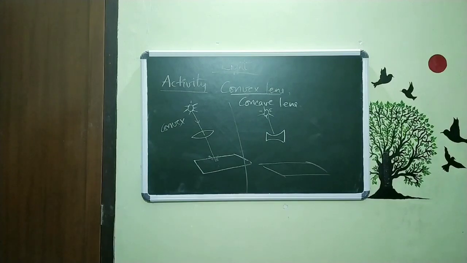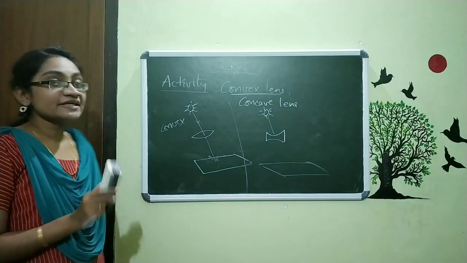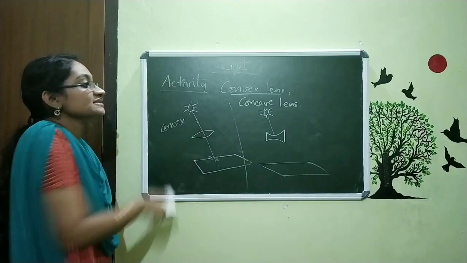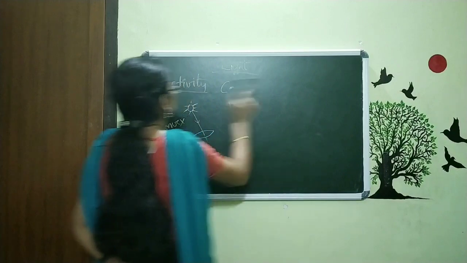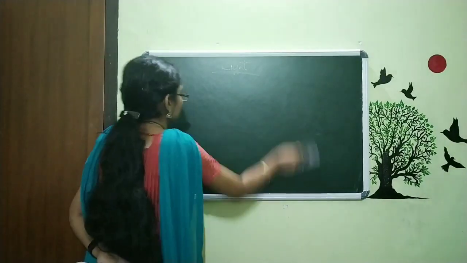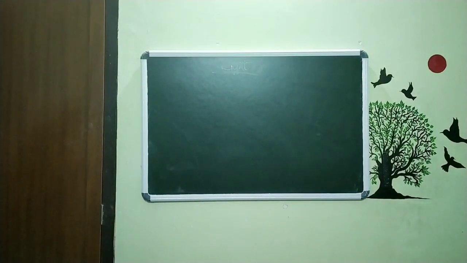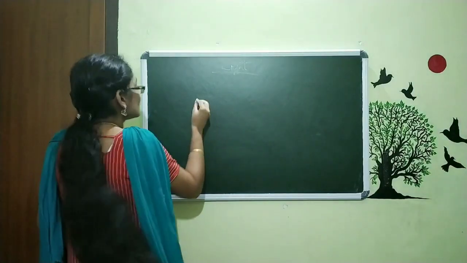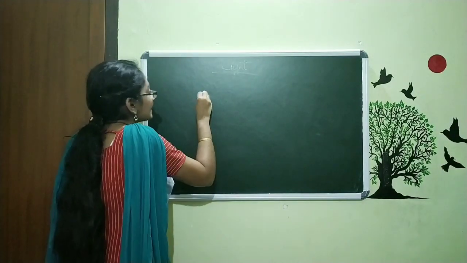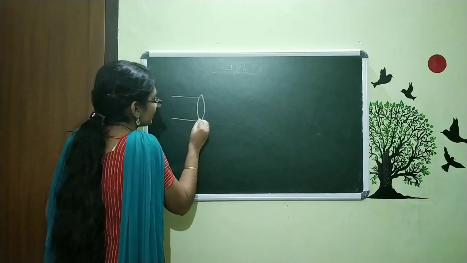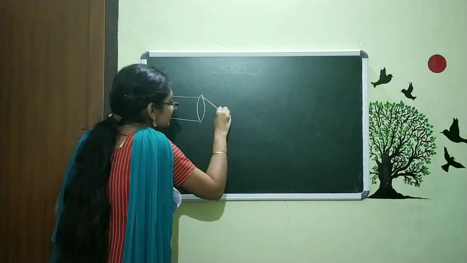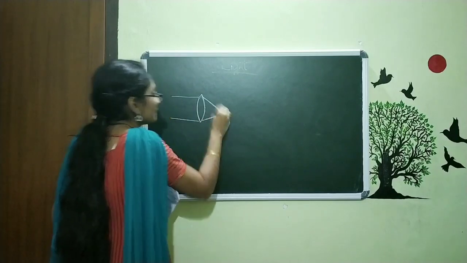So the thing is this, by considering this, we are giving a particular name to convex lens and concave lens, that we are going to look now. So as our activity, we can say, for the convex lens, the light coming is focusing to a particular point.